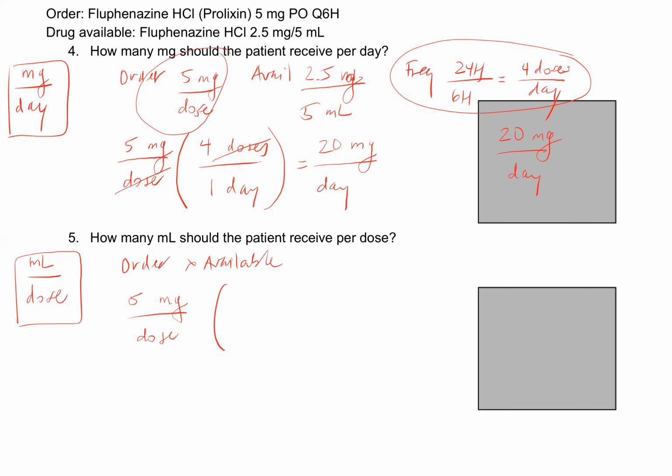And you want milligram units to cancel, so you're going to put 2.5 milligrams on the denominator, 5 mLs in the numerator, and you get 10 mLs per dose because milligram units cancel. Final answer for number 5, 10 mLs per dose.